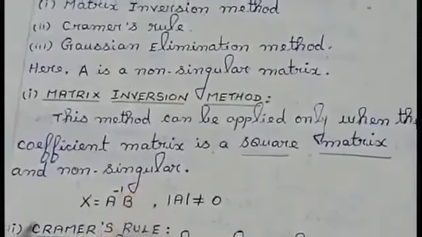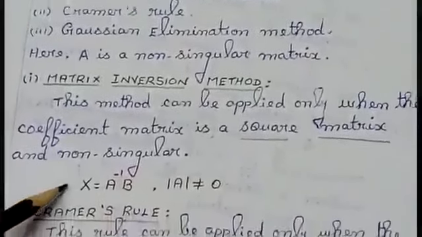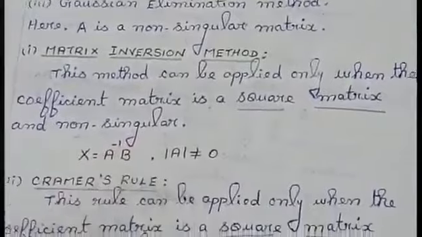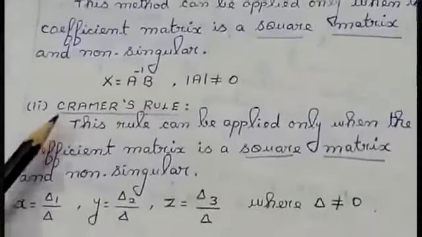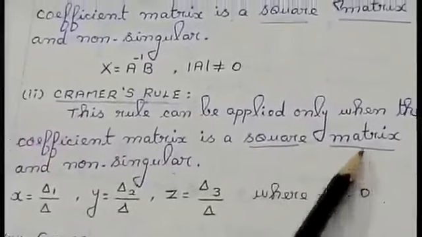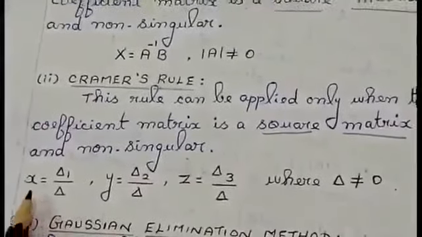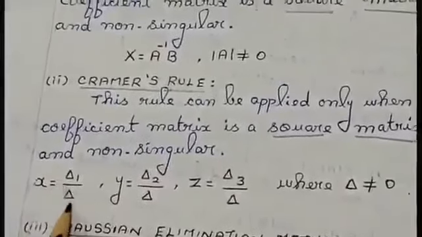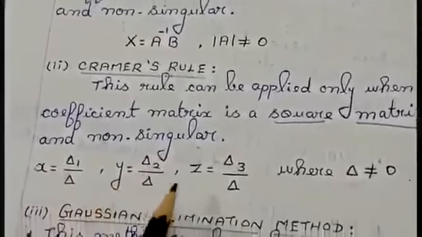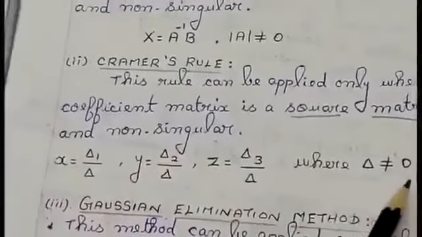You get the value in this way: x is equal to A inverse B, where determinant A is not equal to 0. Cramer's rule is also applied when the coefficient matrix is a square matrix and non-singular, and we find the solution as x is equal to delta 1 by delta, y is delta 2 by delta, and z is delta 3 by delta, where delta is not equal to 0.